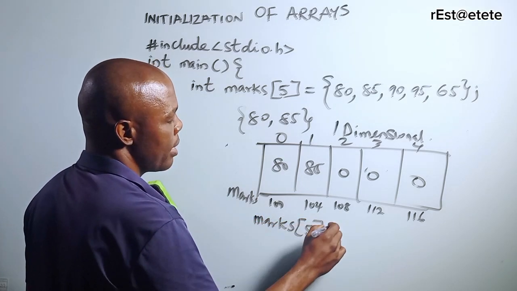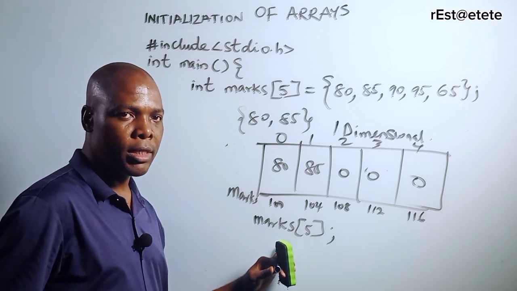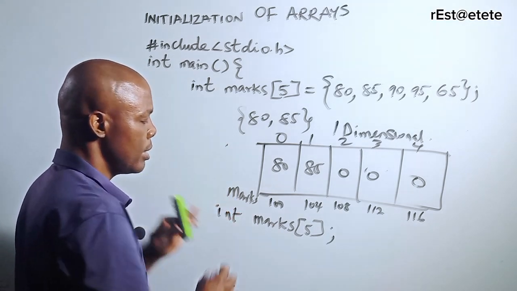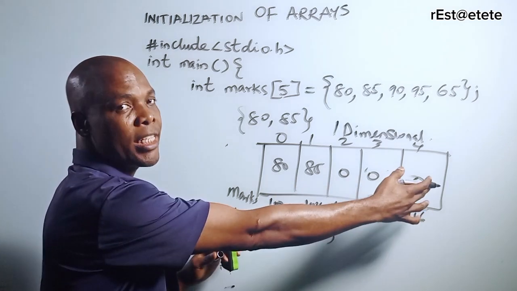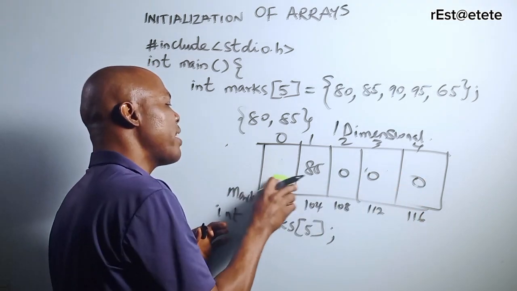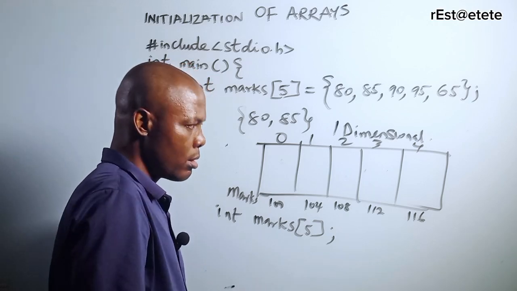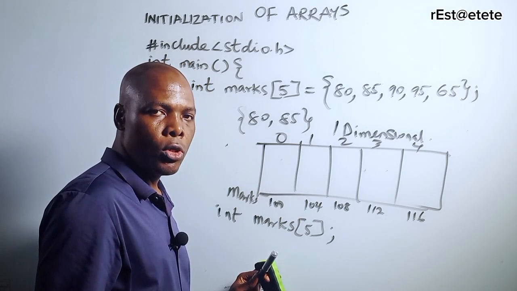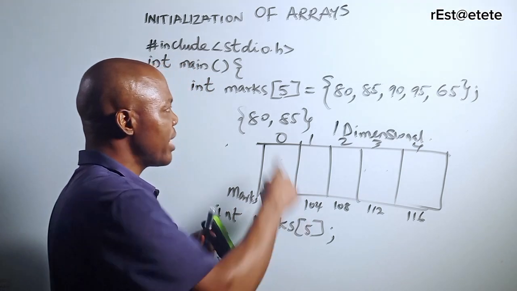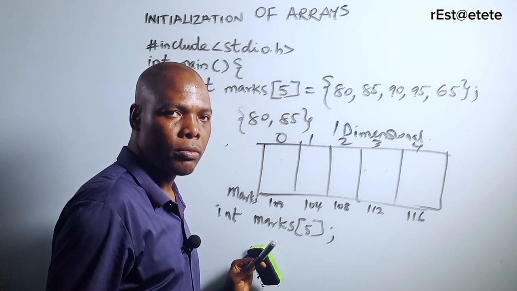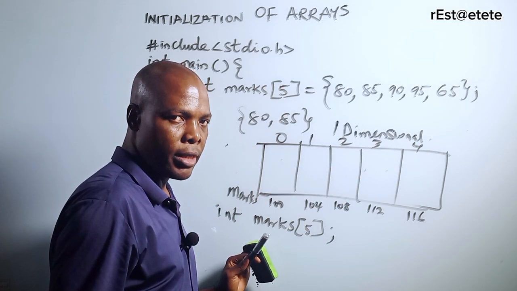But if I declare this array, say max 5, and I don't assign any value to it, the system, because it is an integer, is still going to assign 20 bytes. But the values will be what? The values will not be 0. It will be garbage values. So if I try to print out the value of this array, it can give me any value. You understand?